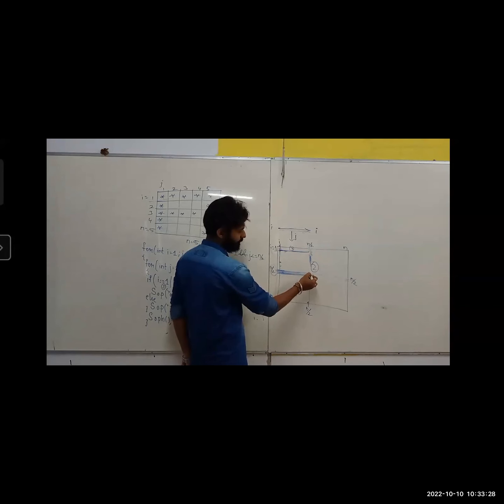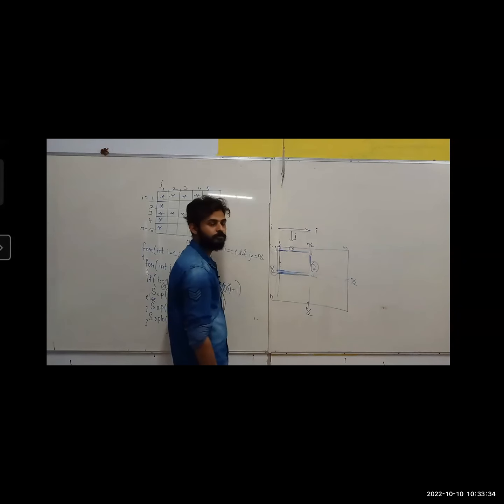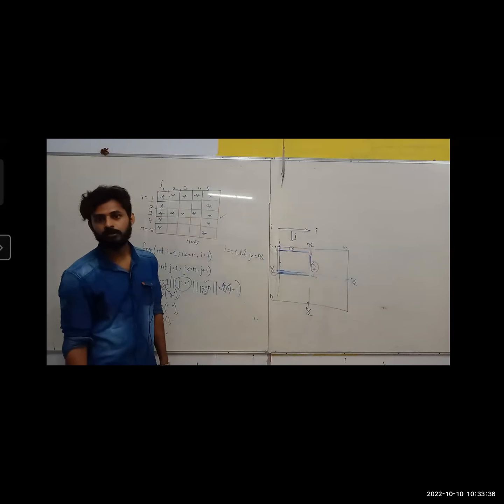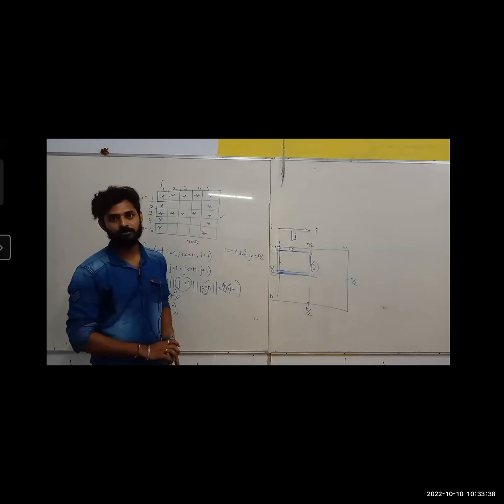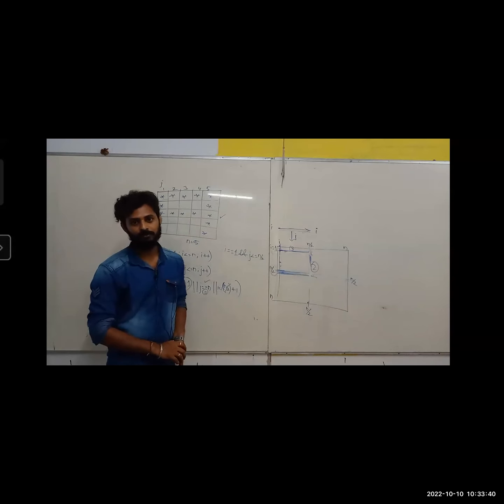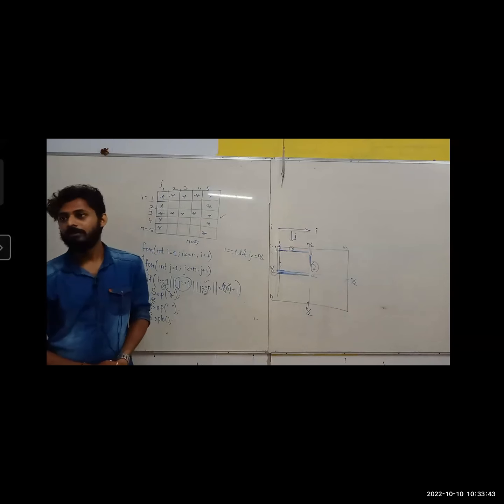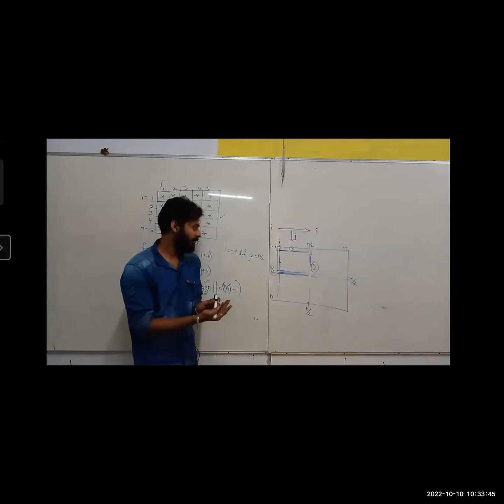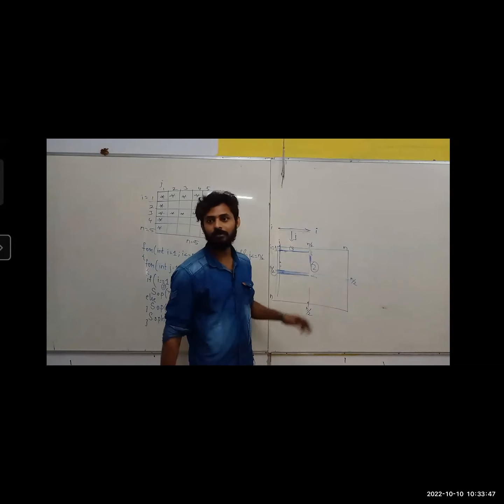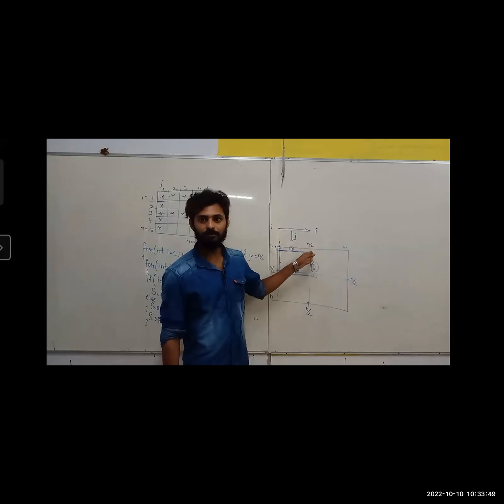Then this one till here. j equal to n by 2. i less than n by 2. Equal to n by 2. I don't know what big logic we have to find here. j equal to n by 2.